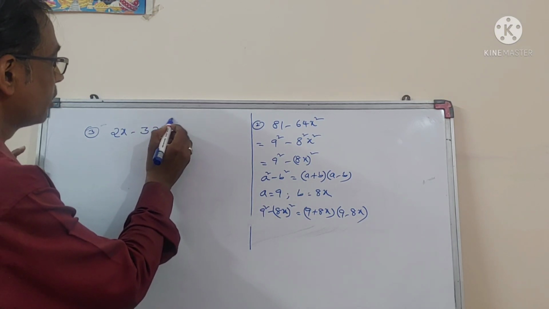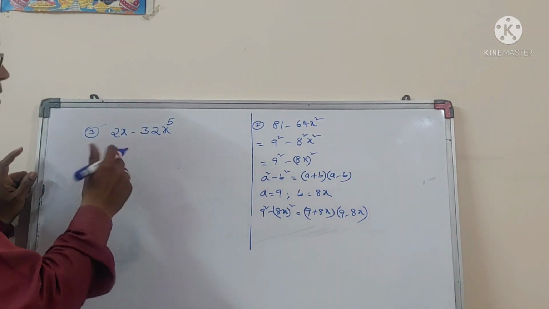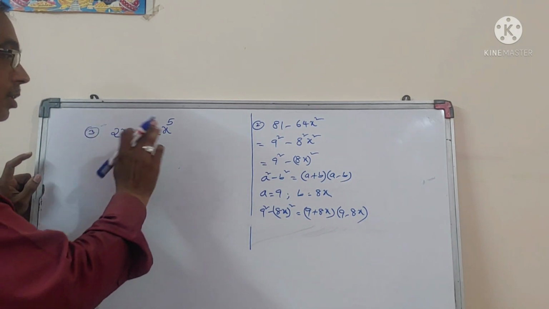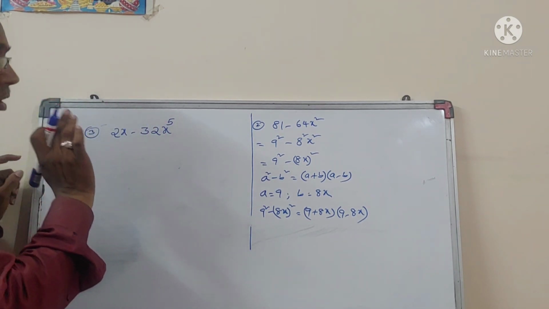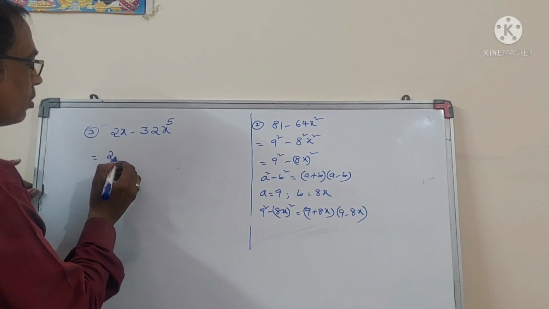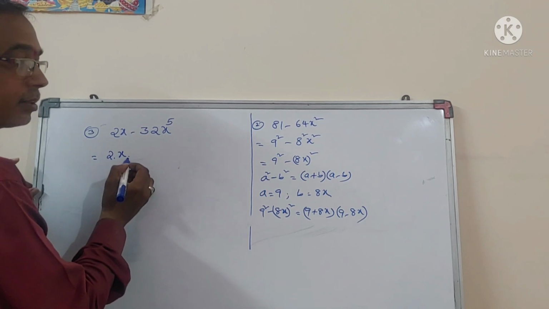Here 2x is not a perfect square and 32x power 5 is also not a perfect square. So first of all, you just observe that from these two we can take common 2x.